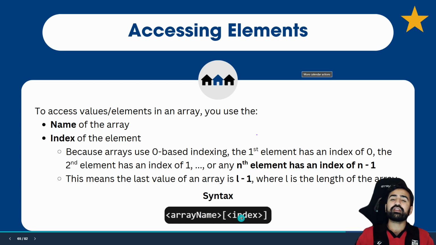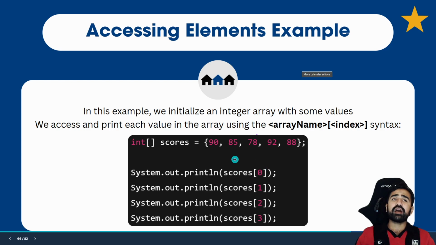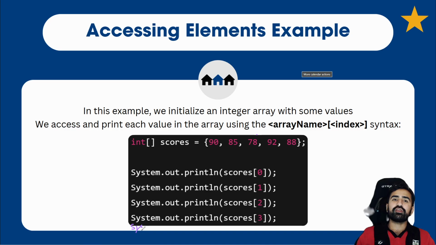You just use the array name and indicate the index. So here's an example. Let's say we wanted to print out the scores. We didn't print out all the scores. There's a missing System.out here for the last score. It'd be scores 4. I might change that just for clarity.